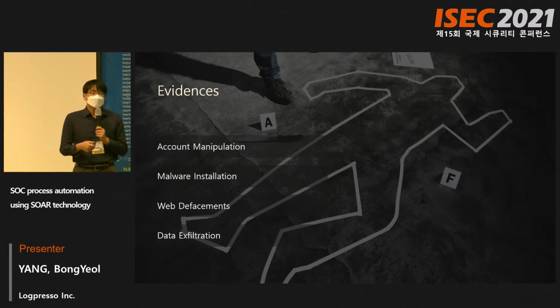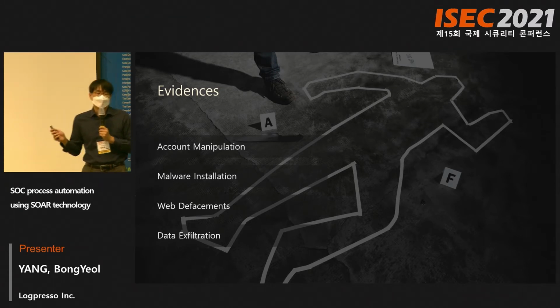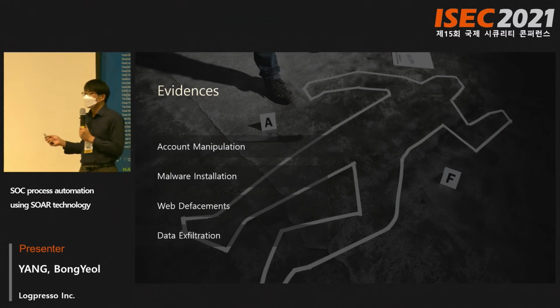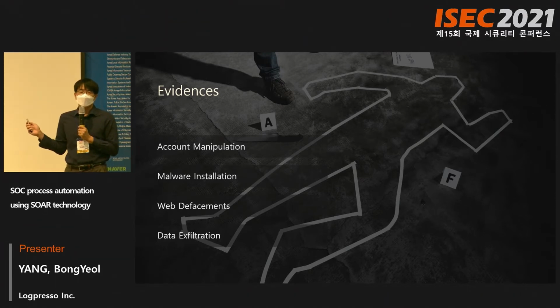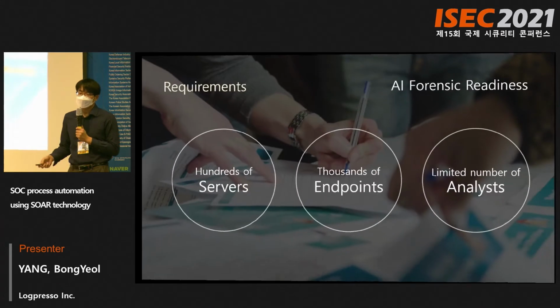These could be clustered in a single zip file and leaked outside. So these are examples of evidence and these are needed. So how can we generate these types of evidence? We need to think about that.